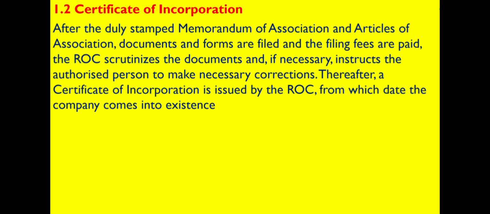It takes 1 to 2 weeks from the date of filing of MOA and Articles of Association to receive a certificate of incorporation. Although a private company can commence business immediately after receiving the certificate of incorporation, a public company cannot do so until it obtains a certificate of commencement of business from the ROC.